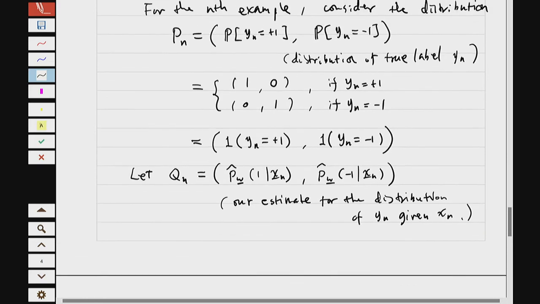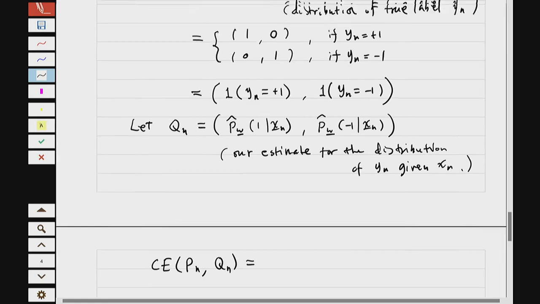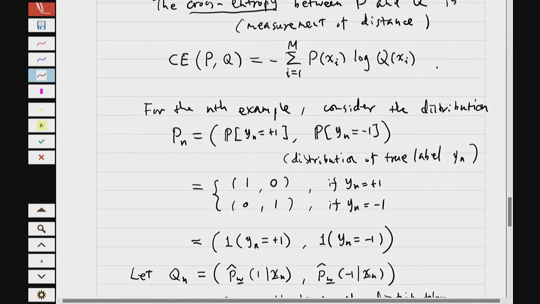So we already have a true one and then the estimated one. We want to compare how close they are. Of course, the closer the better, right? So what is the closeness between these two, Pn, Qn? Just go back to the definition of the cross entropy. It is, of course, right here, just negative.